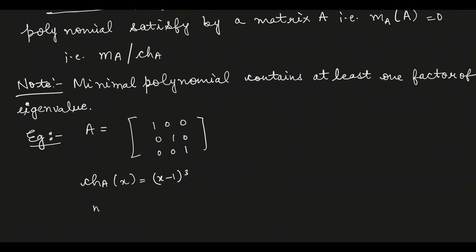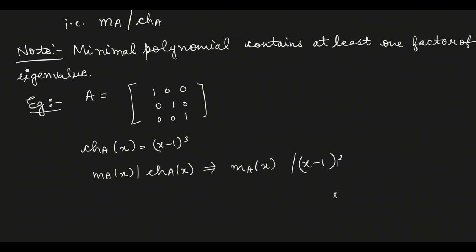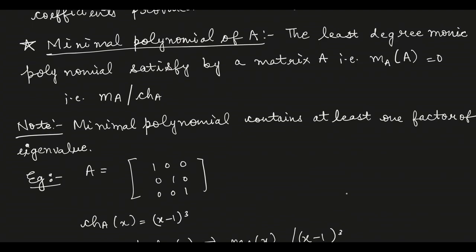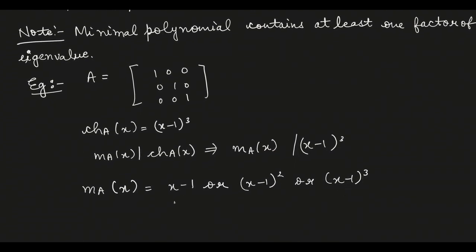I have told you that the minimal polynomial divides the characteristic polynomial. So what are the possibilities for the minimal polynomial? It could be (x - 1) whole square, or (x - 1) cube. But I have told you that it should be of least degree, so x minus 1.